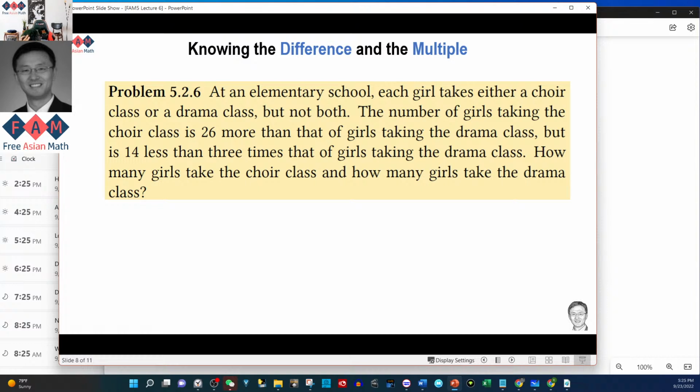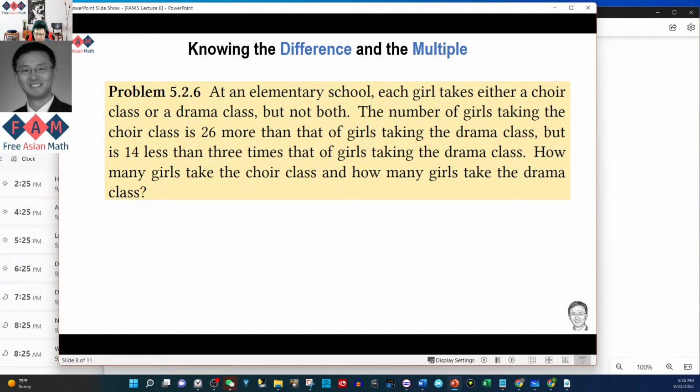That is interesting. Looks a little bit convoluted, isn't it? How many girls take the choir class and how many girls take the drama class? So we have to think about this very carefully. What does that mean? All the conditions came from the second sentence, which contains multiple substatements.